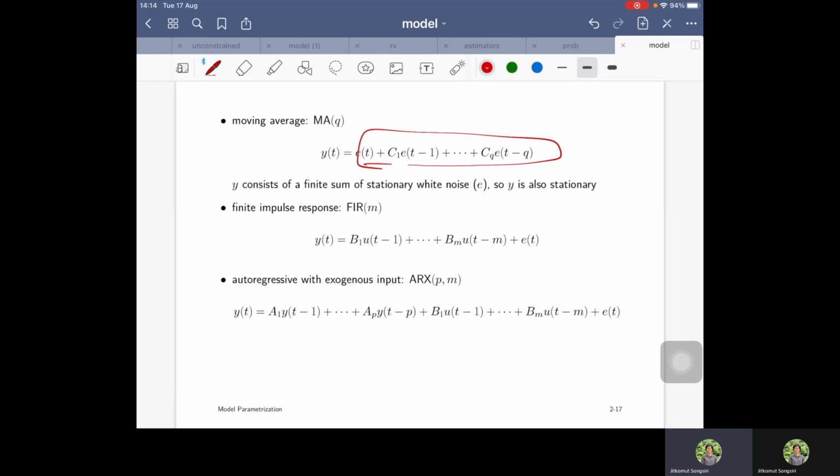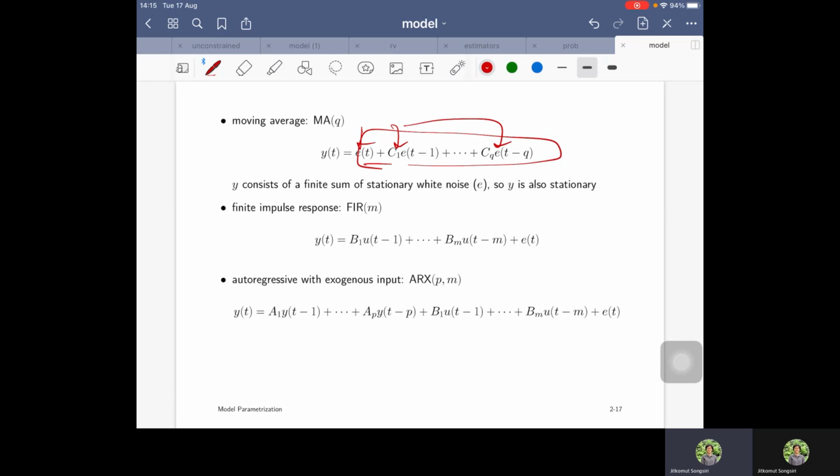From the moving average process, it can be readily suggested that Y is actually a weighted sum of noise.